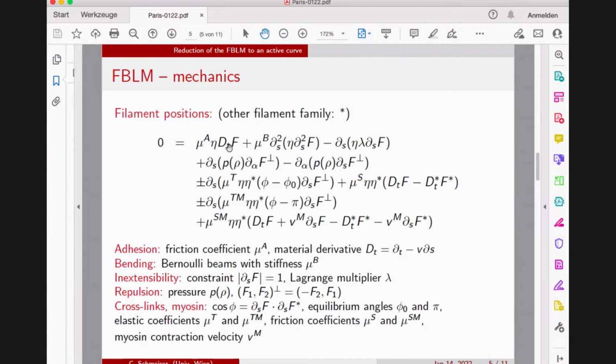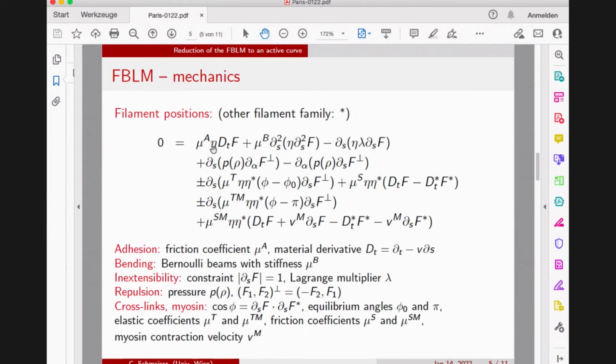And where does the friction come from? Actually, it comes from the fact that the network keeps building and removing connectors to the substrate. And this permanent process of building and removing connections can be modeled from a more macroscopic point of view by a friction term.